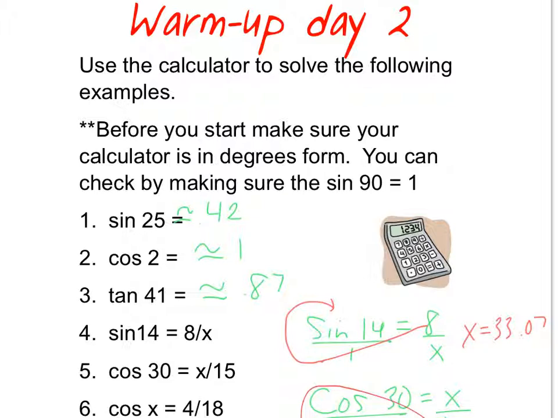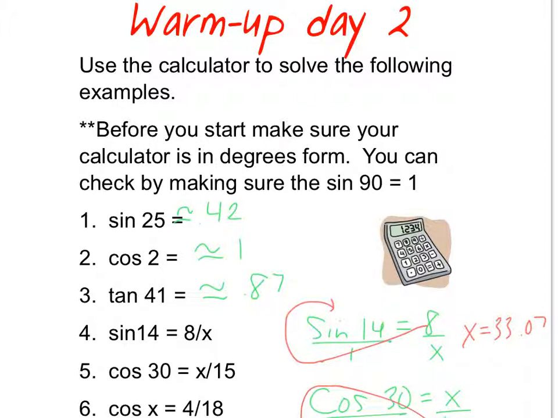And then I go to number 6, and I would say the cosine of x equals 4 over 18. I'm not going to fish hook here because, if you pay attention, typically we knew what the angle measure was. Here we don't know the angle measure, so we have to do the inverse operation when we enter it in our calculator.